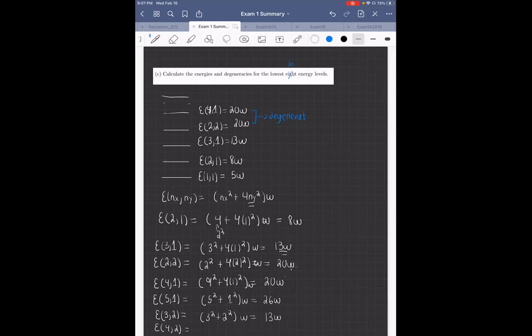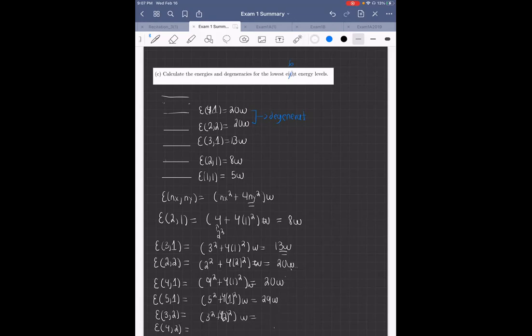Isn't it supposed to be 29? For 5-1, isn't it supposed to be 25 plus 4? Oh yeah, 4 times 1. I was just thinking to myself, wait, that's a little too weird. Okay, so that'll be 29W.